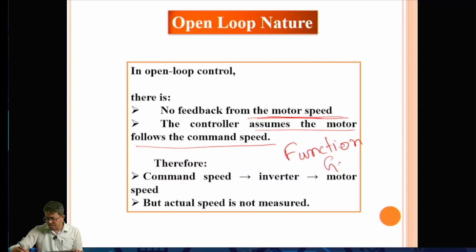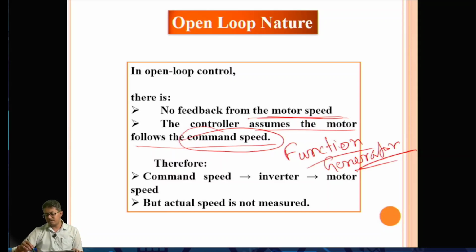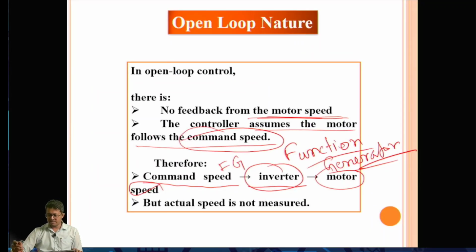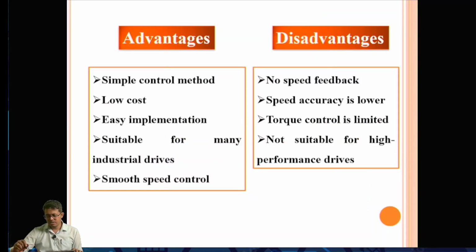That command speed is given to the inverter, and then according to the inverter control, the motor speed is controlled, but the actual speed is not measured. In the upcoming lecture I will be explaining closed loop control, where we need to take feedback from the motor speed, and accordingly the controller will control the speed of the motor. Now we'll see the advantages and disadvantages.